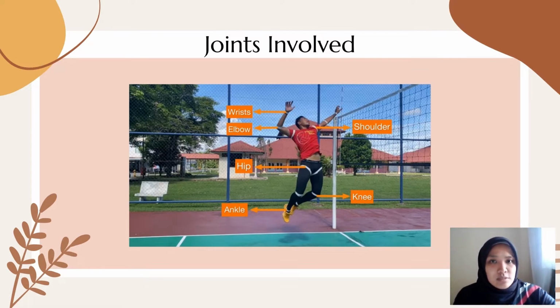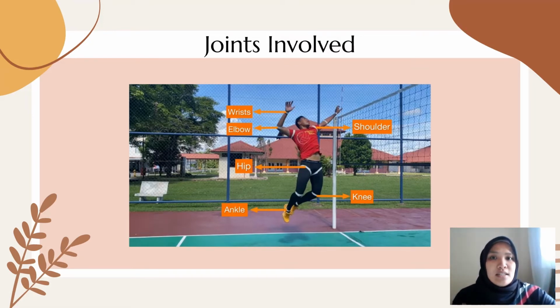The volleyball spike happens in the sagittal plane, along with the bilateral axis. The elbow is a diarthrosis joint with a synovial hinge, but it only moves in one direction. Its actions are only flexion and extension.